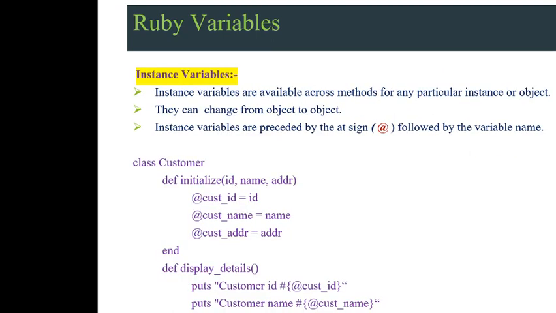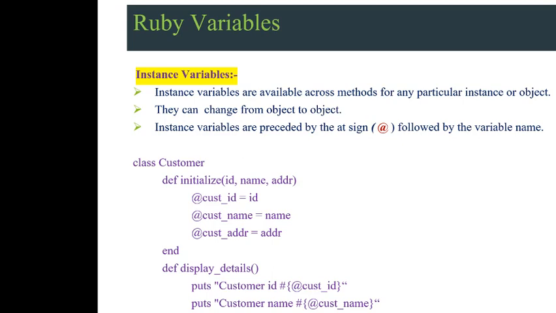Then we talk today about instance variables. These are available across methods for any particular instance or object. So here I have 3 instance variables in the initialize, which I can use here. And how do I know they are instance variables? Because they have the at symbol. I can use them in any method in the class.